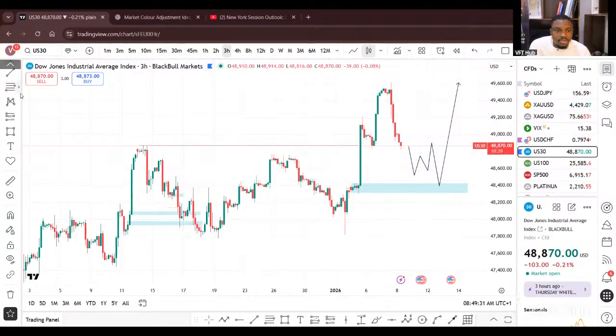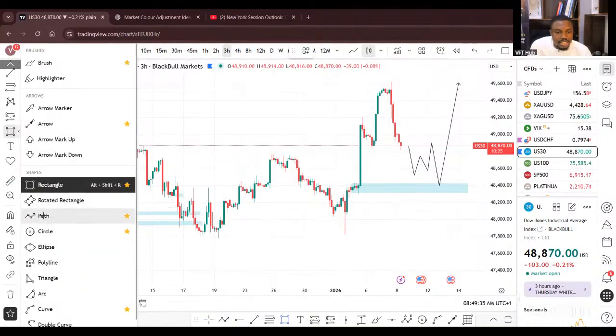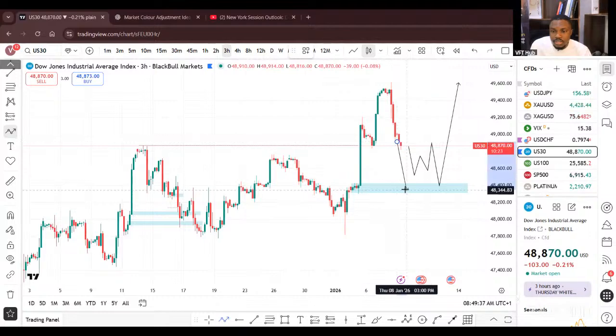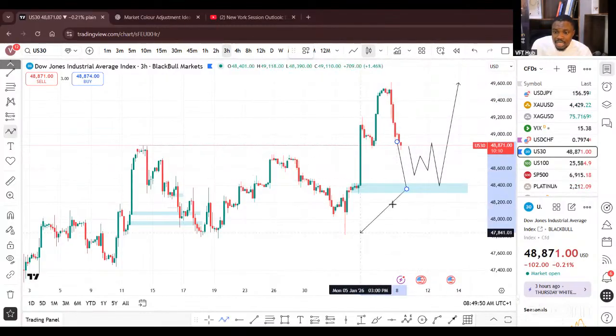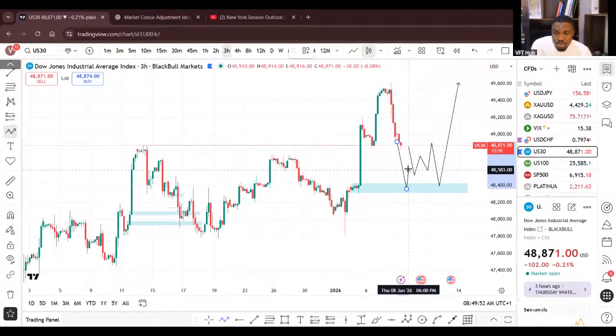Meaning price comes into the zone and then doesn't do what we expect it to do, meaning price digs into this zone and then we don't just put our penny on that buy. No, we want to see a form of engineered liquidity here, this exact thing being formed for us to continue. If it doesn't do that and then it just begins to push to the upside, that's all.